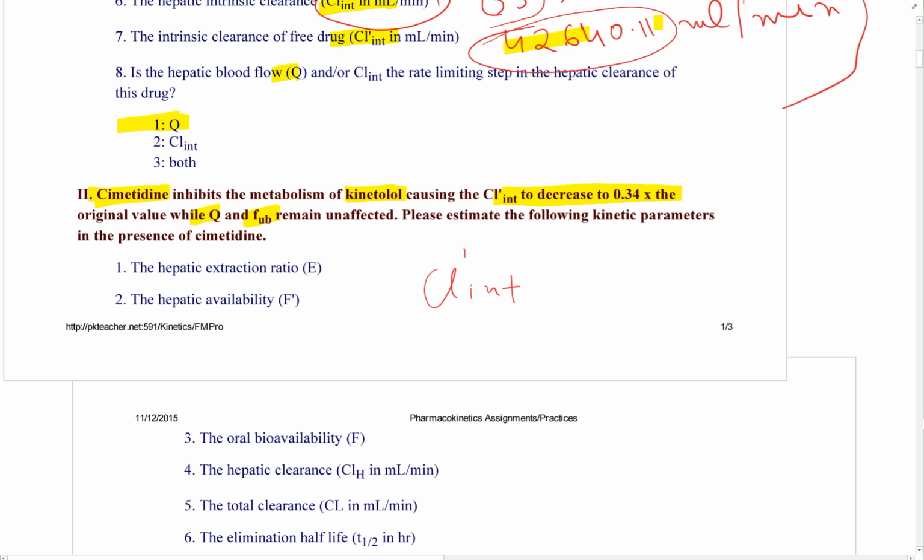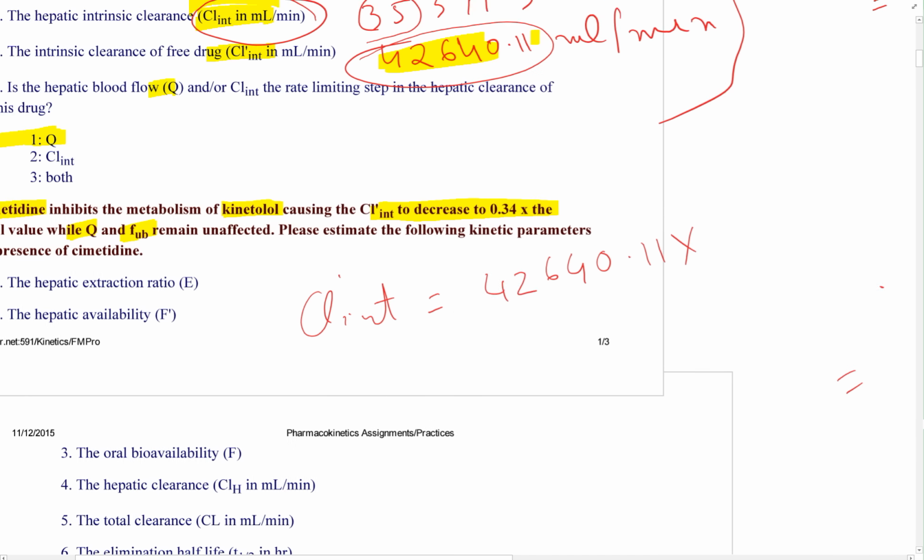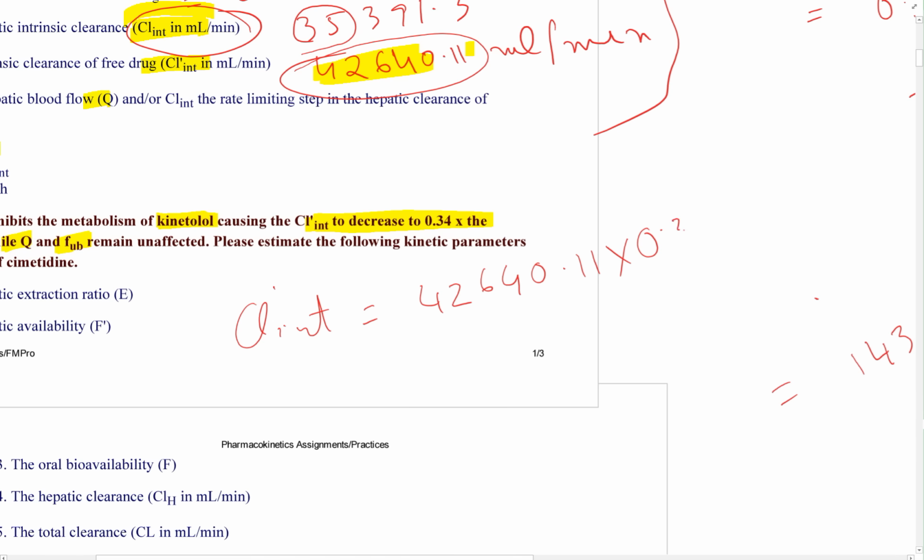The original CLINT prime that we calculated earlier is 42640.11 times 0.34.